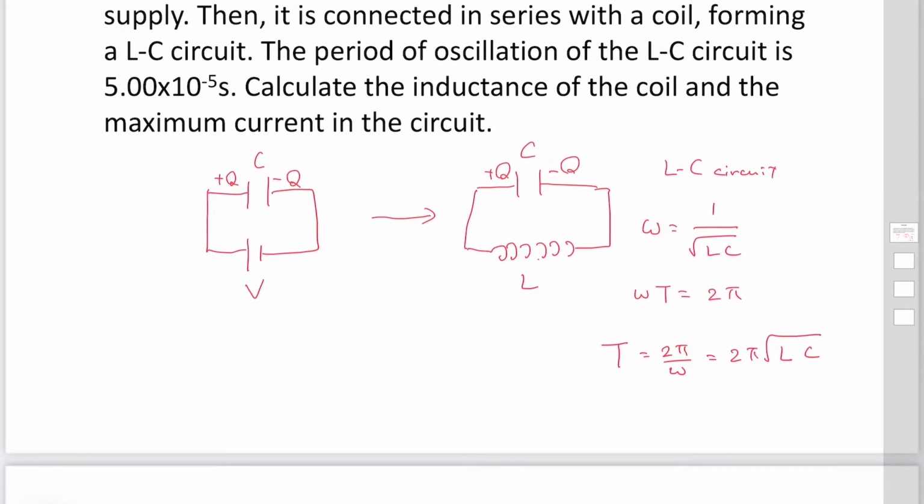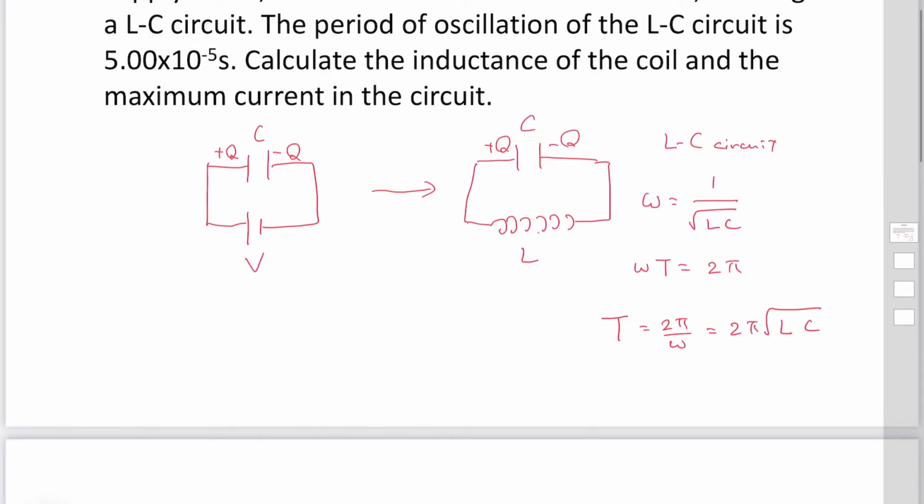So at first we'd like to store the charge by connecting the battery. V is 10 volt, and C is 5 nanofarad. We'd like to calculate the charge Q, which is the capacitance times the voltage.